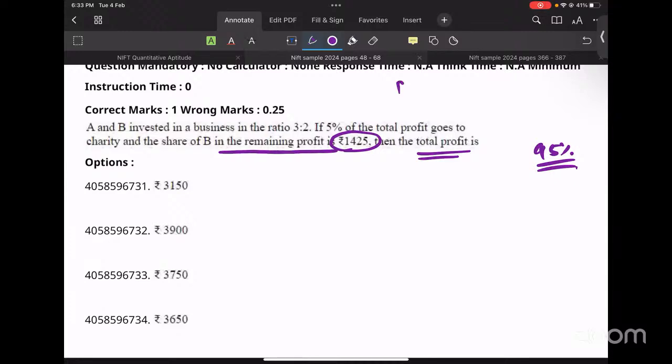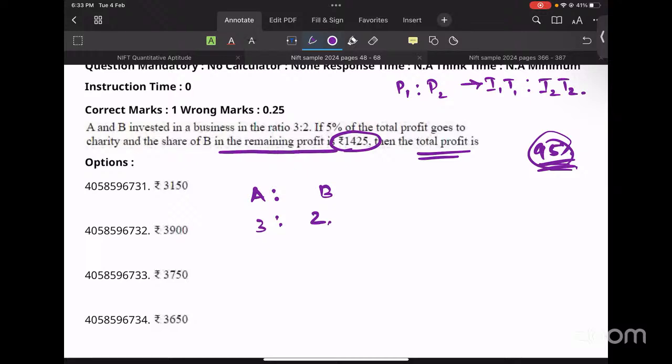See, profit is based on investment and time. So in this question, we don't want that much things to consider. It is 95%, so A's profit and B's profit will be on this 95%. So 3 is to 2.